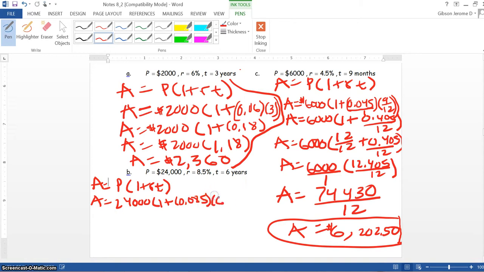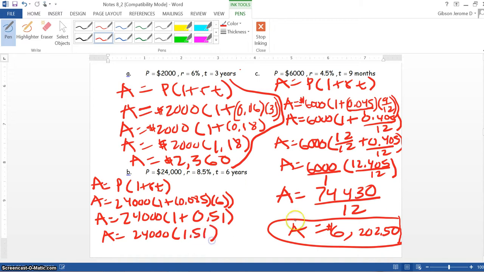And our time is 6 years. So now, when we put this in a calculator, 0.085 times 6 will give us 0.51. So we add $24,000 times 1 plus 0.51. So we have A is equal to 24,000 times 1.51.